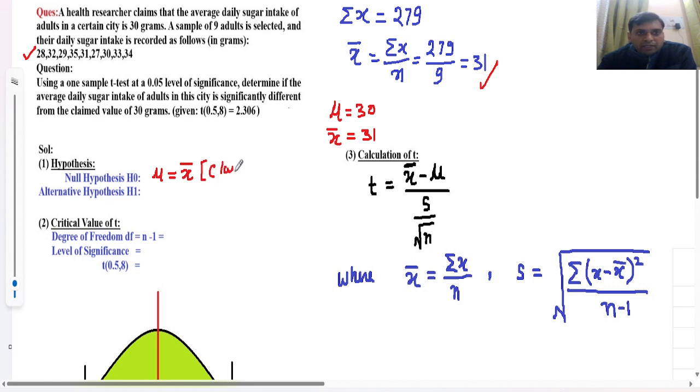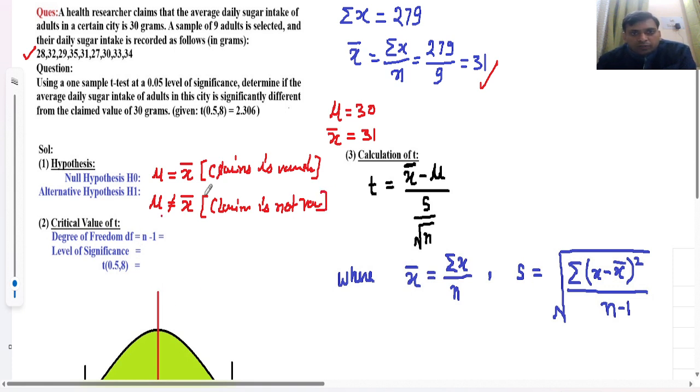In the second situation, in the alternative, we will write the claim is not verified. This means the sample mean is not equal to the population mean, mu not equals x bar, so the claim is not verified.